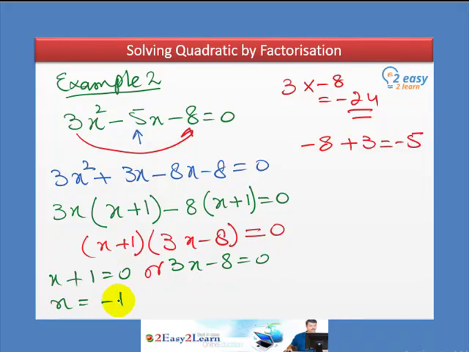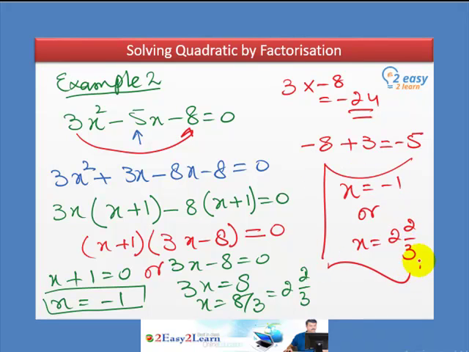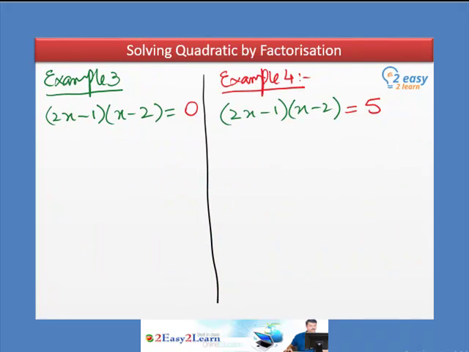So x is equal to negative 1. This is your first answer, and here 3x is equal to 8 and x is equal to 8 by 3, and it is equal to 2 whole number 2 over 3. So your final answer, we have two answers: x is equal to negative 1 or x is equal to 2 whole number 2 over 3, and this is our final.